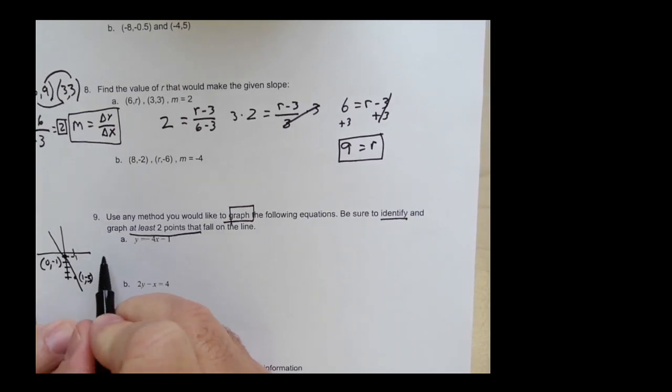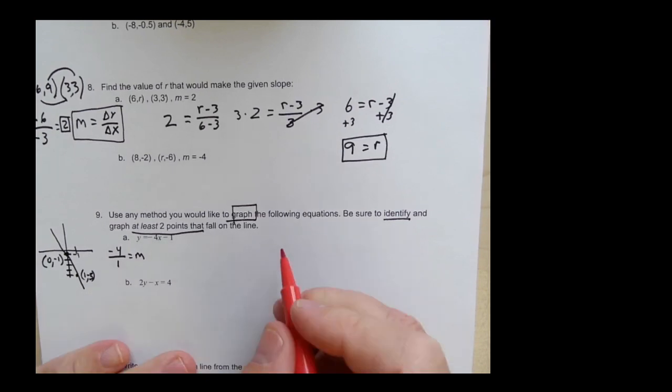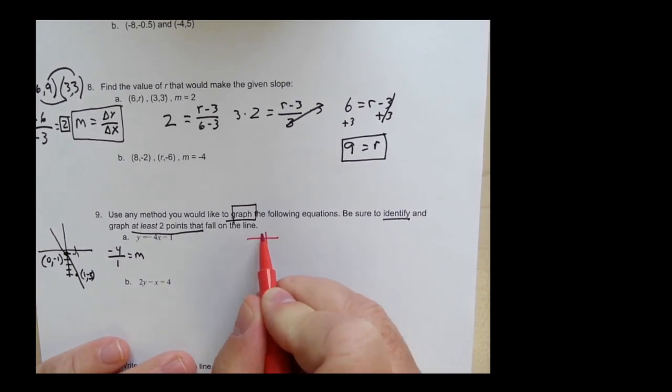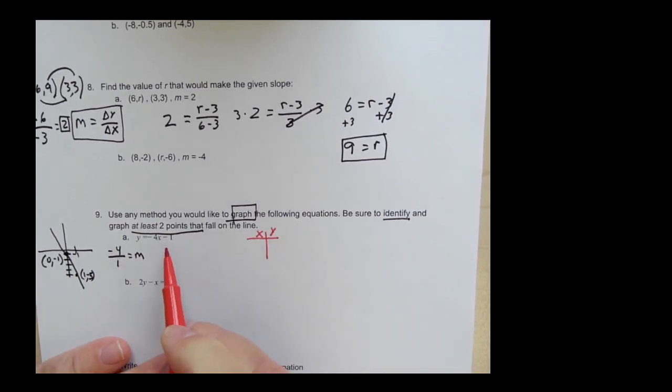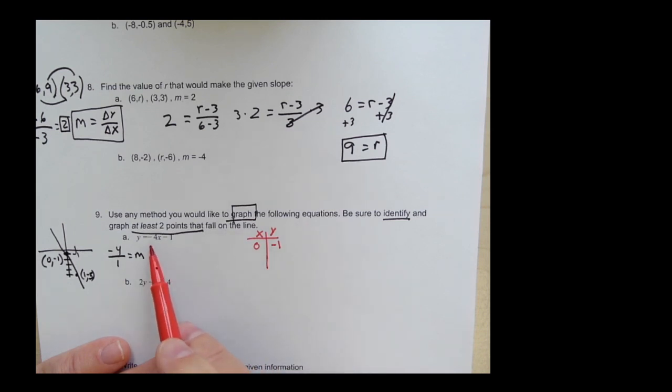You got to remember that slope is equal to, remember this, I'm going to write it because we're going to need it. Slope is equal to rise over run, right? Change in y over change in x, -4 over 1. That's our slope. What's our y-intercept? -1. Okay, now our slope is -4 and 1.